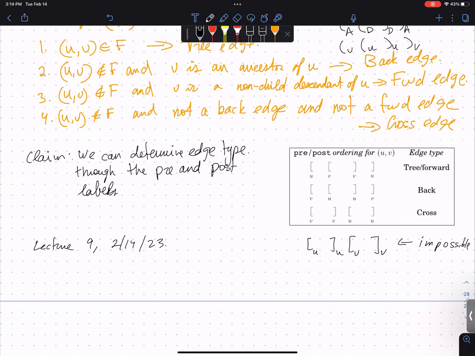The reason is, well, what does this mean?